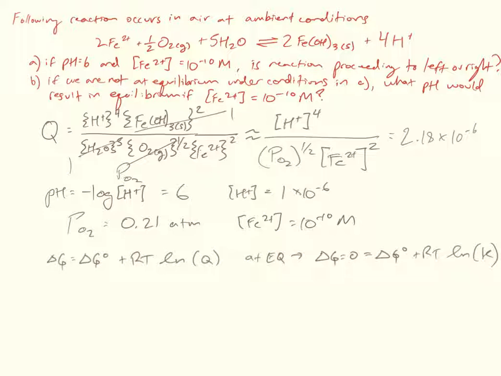We know that delta G0 is going to equal the sum of what we'll call V sub I delta G0 F sub I products minus summation V sub I delta G0 F sub I reactants.